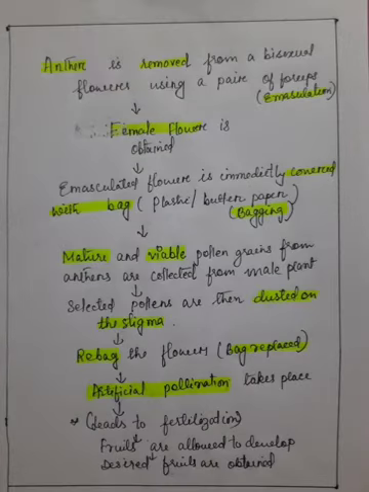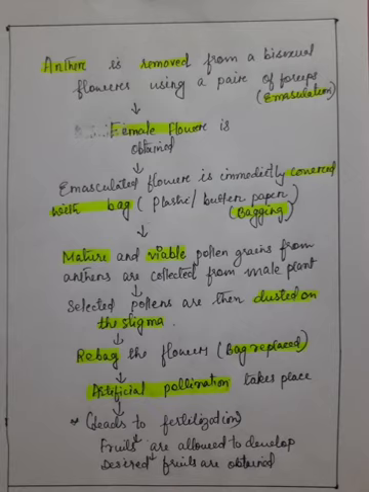Okay, so let us see how it is carried out. First, emasculation is done, where the anther is removed from the bisexual flowers with the help of forceps. So only the female flower is obtained. After that, the emasculated flower, or the female flower which is obtained, is immediately covered with the bag, which is made either of plastic or butter paper.